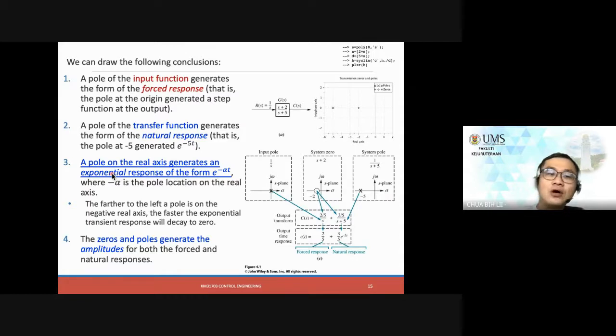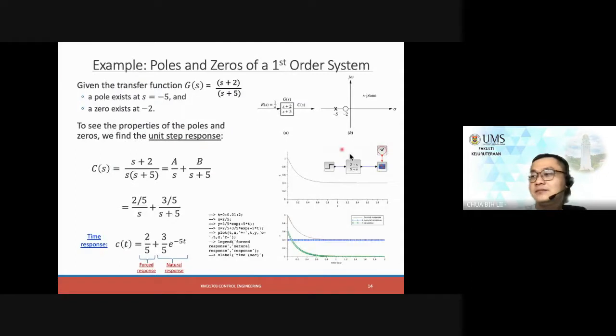A pole on the real axis generates an exponential type of response, so you will see e to the minus some number, depending on the location of the pole on the real axis. Meaning by looking at the pole itself, you immediately know it is an exponential type of response, going down because this is minus; if this is plus then it goes up.